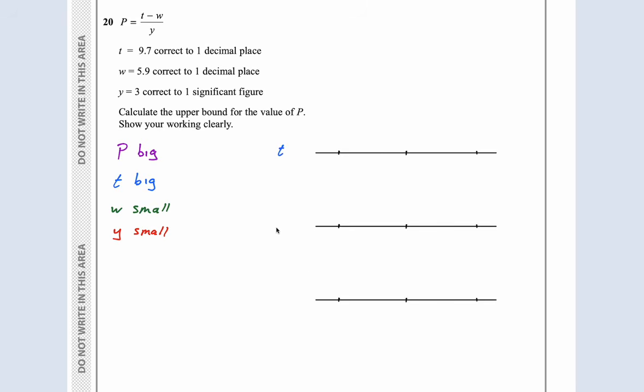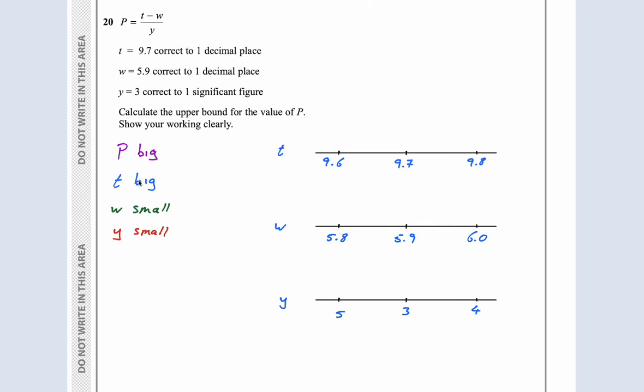This is t, this is w, this is y. For t, 9.7, 1 decimal place, so the next one is 9.8 and the next one is 9.6. W, 1 decimal place, 5.9, the next one is 6.0, and the next one down is 5.8. Y, 3 to 1 significant figure, so the next one up is 4 and the next one down is 5.